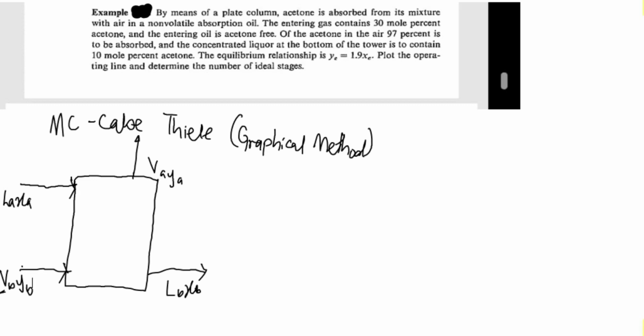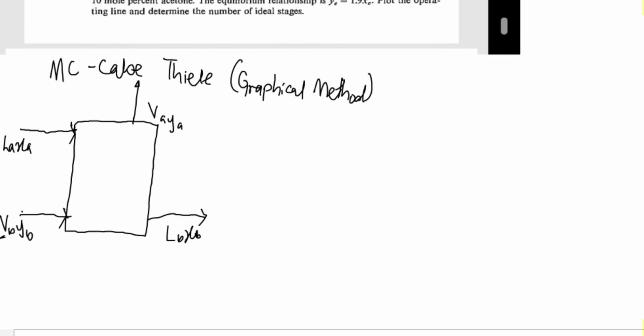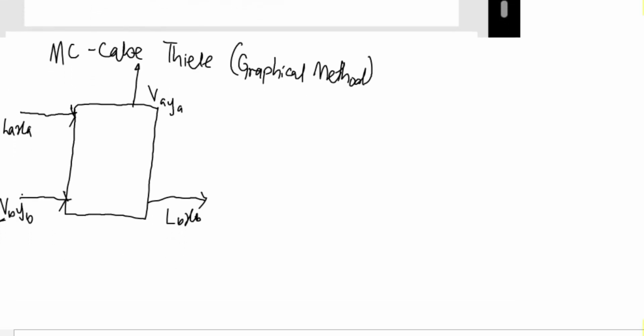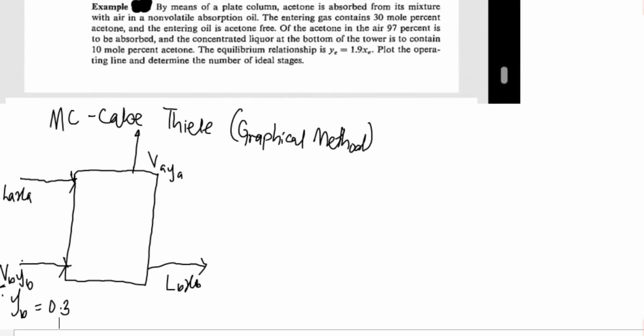The entering gas contains 30 mol% of acetone. So the entering gas, this is VBYB, and YB is 30 mol%, that's 0.3. This is the data we are given from the question.